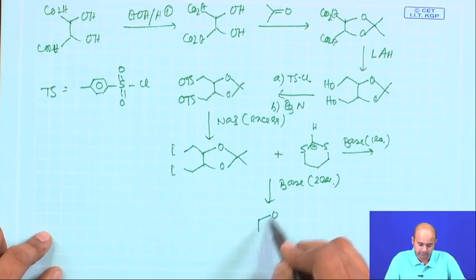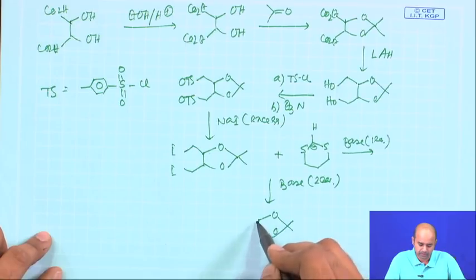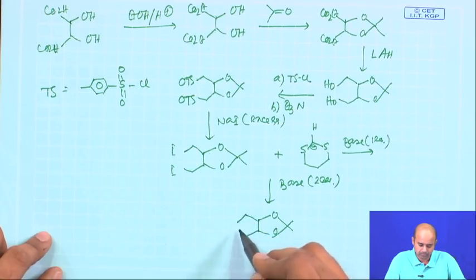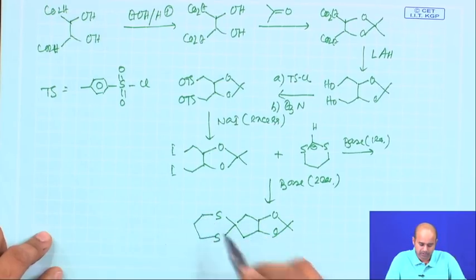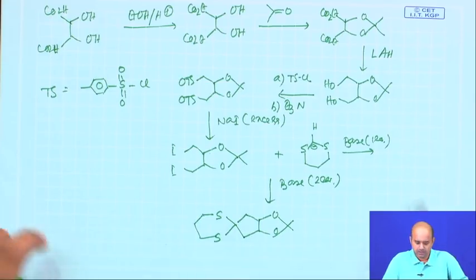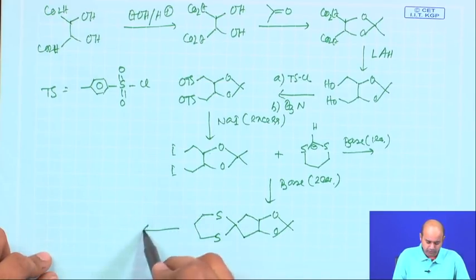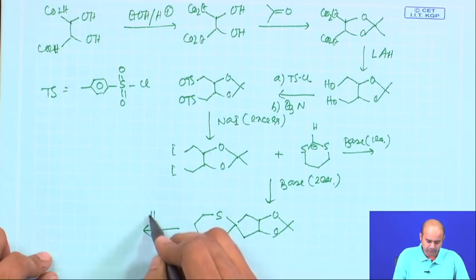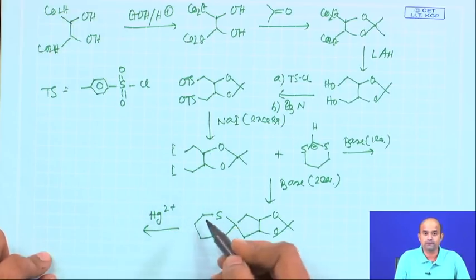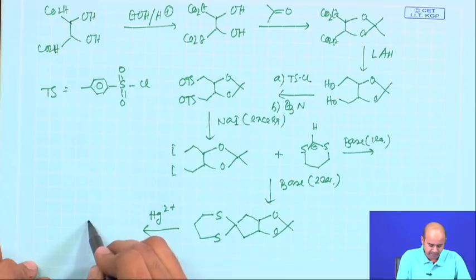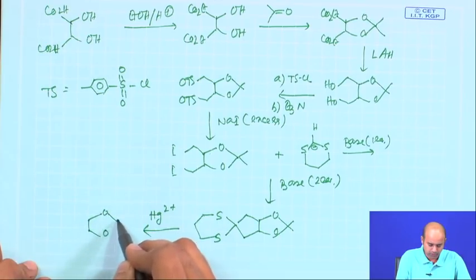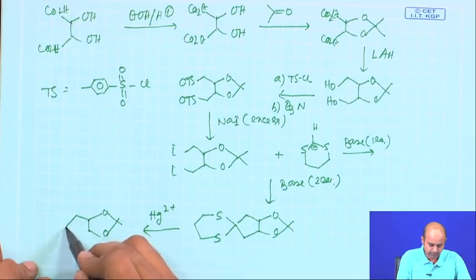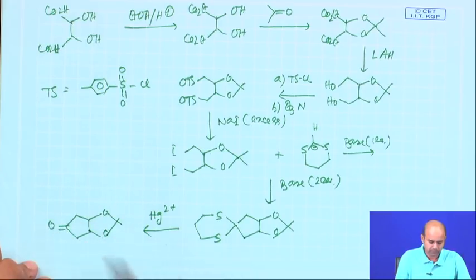You basically get this part remaining the same, and you get this compound. Now, you need to remove this dithiane, which is normally done with Hg2+, a mercury treatment, and then you will get back your original ketone, which is required.